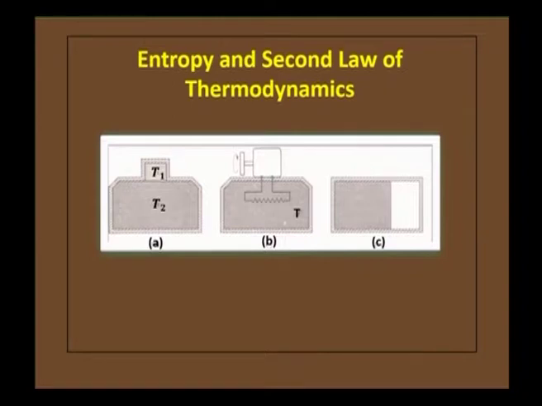This figure shows three different systems, each enclosed in a rigid adiabatic boundary. In part A, a body at a temperature T1 makes thermal contact with a large heat reservoir at a higher temperature T2.